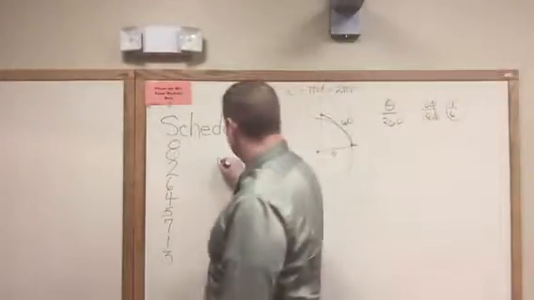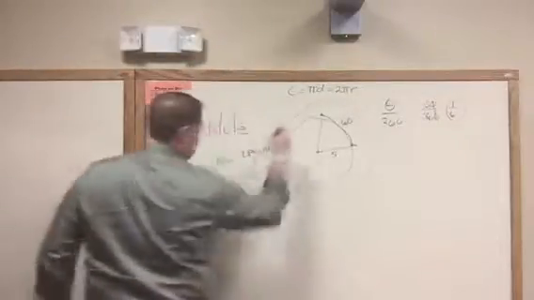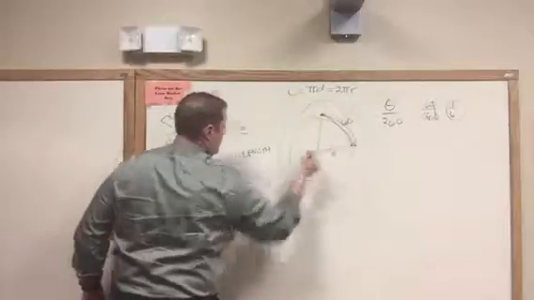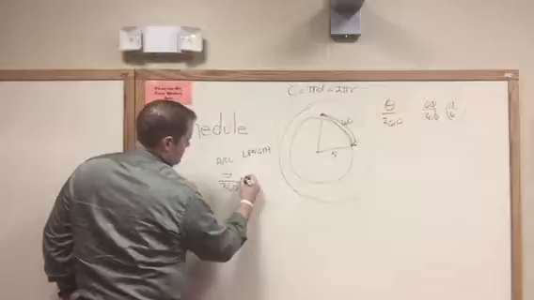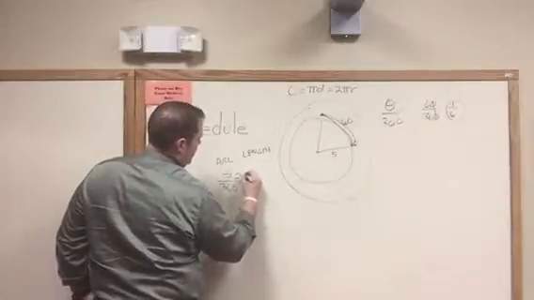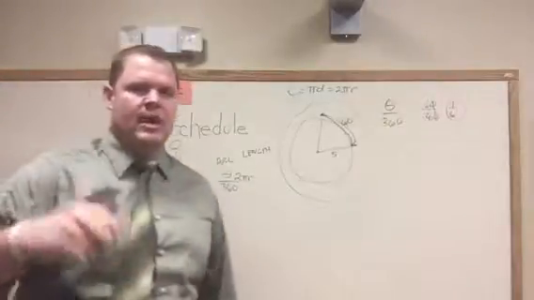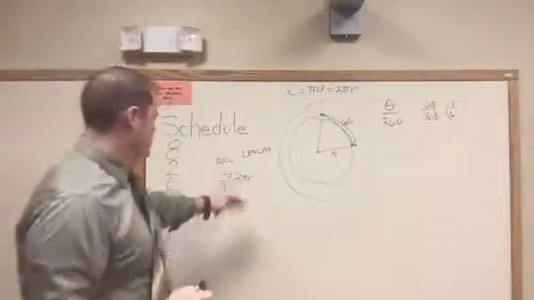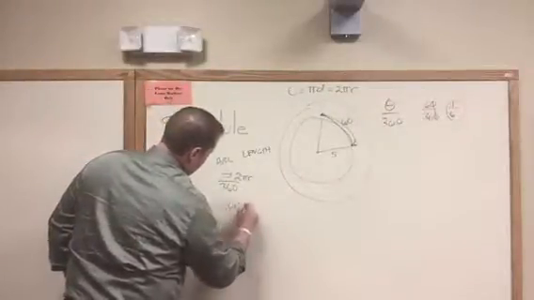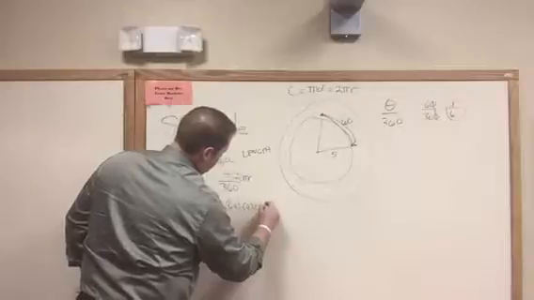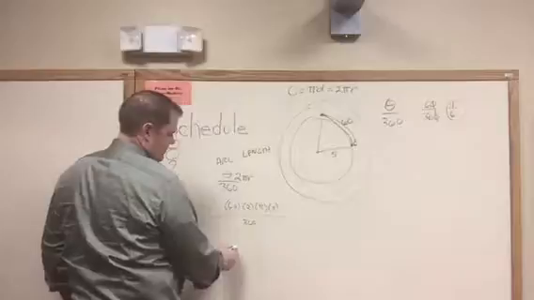So if I'm looking for arc length, what would I find? So this distance, how would I find it? It's going to be theta over 360 times 2 pi r. So arc length is this equation. So we plug in our numbers. 60 times 2 times pi times 5 all over 360.